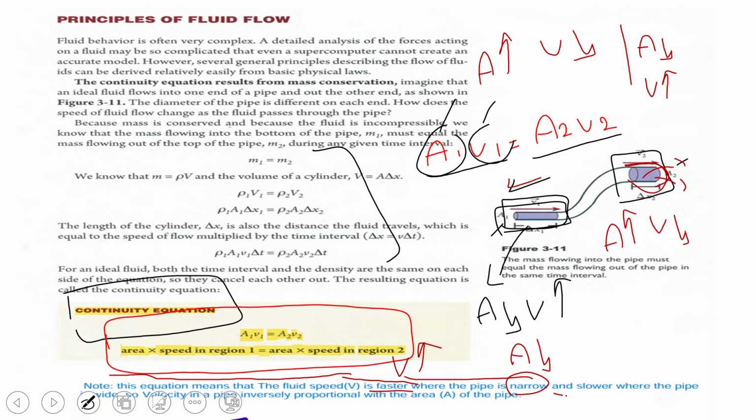And slower means when the velocity becomes slower, where the pipe is wide, it means we have more area. So velocity in a pipe is inversely proportional to the area of the pipe.